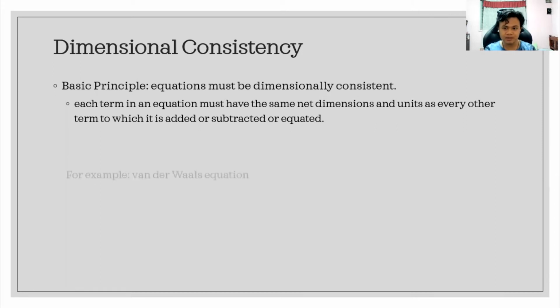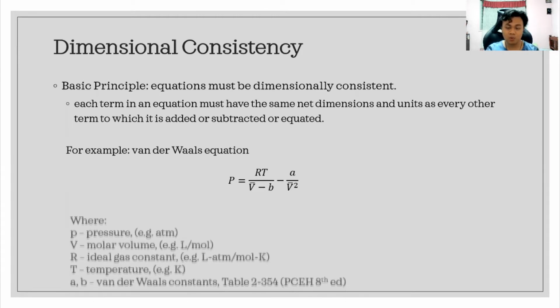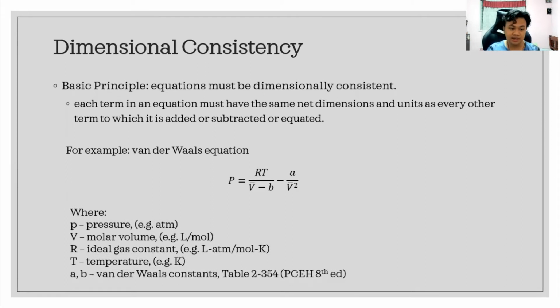For example, the van der Waals equation has the formula P is equal to RT over V minus b, minus a over V squared, where P is our pressure and V is our molar volume.